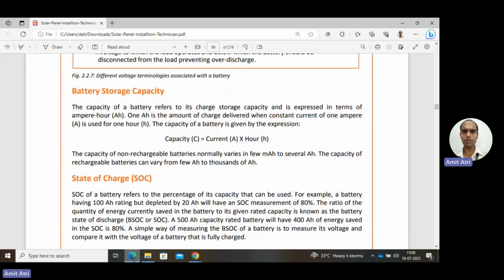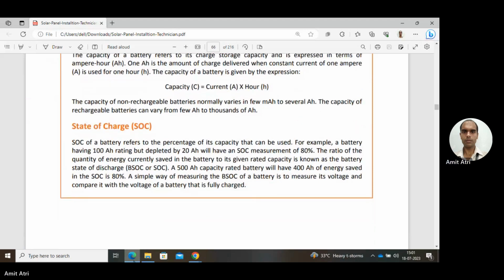The unit ampere hour indicates the amount of charge that is delivered when a current of 1 ampere is used for 1 hour. So the amount of charge given in that duration will be 1 ampere hour. Rechargeable batteries from low ampere hour to thousands of ampere hour are available.